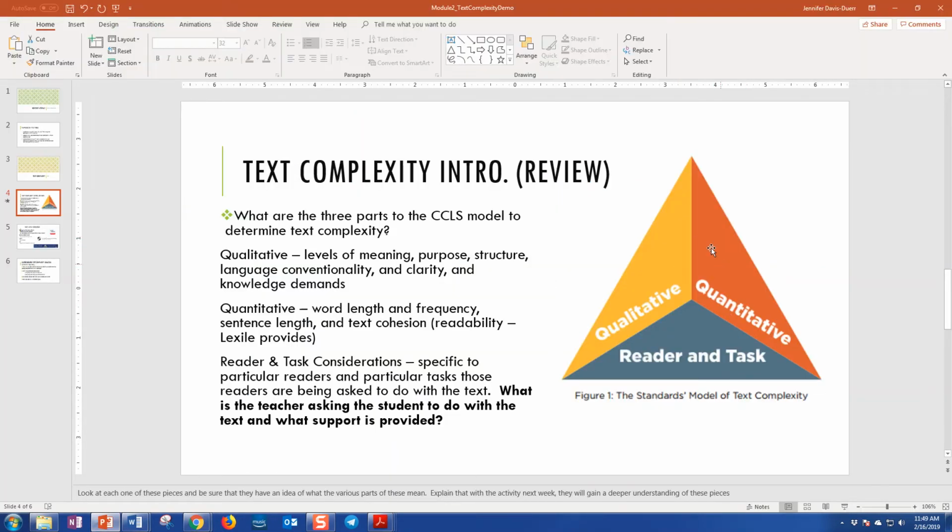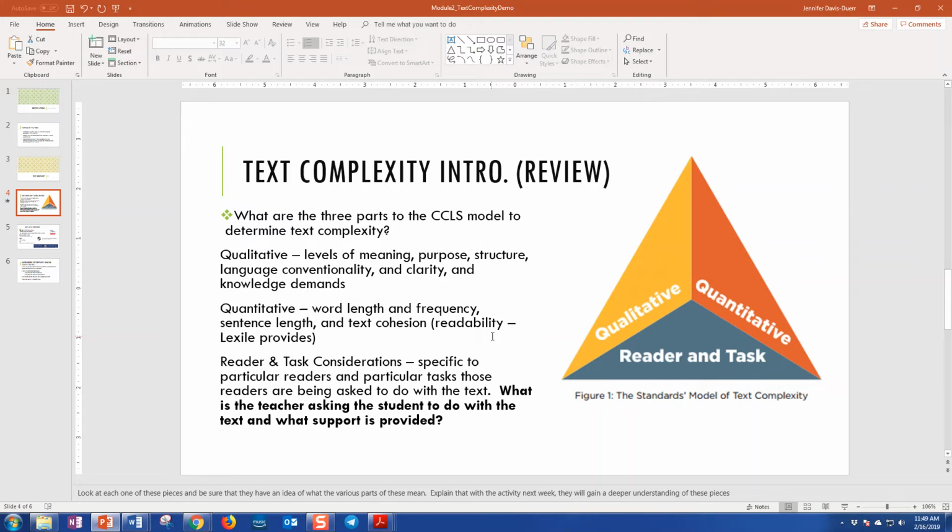Then we also have this quantitative portion. And this has been around for a long time. Usually we've used the term readability, and you might have heard of Fry's readability measures. You can actually type things into Word, and Microsoft Word has in it a readability calculator.